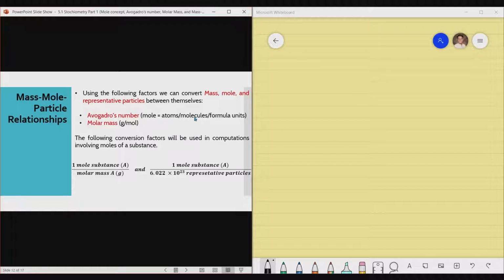Mole is equal to atoms, molecules, formula units, and then the unit for molar mass is your gram per mole. This particular bit is your molar mass, 1 mole all over the molar mass itself. And then this is the Avogadro's number. Avogadro's number as conversion factor, 1 mole all over the representative particle with 6.022 times 10 raised to 23.